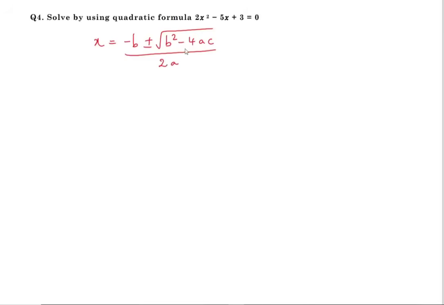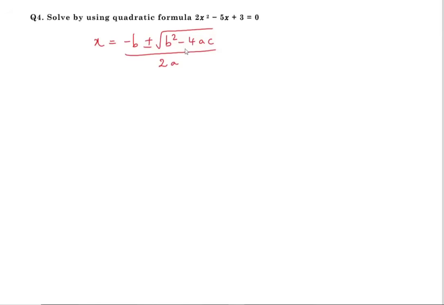Practice this quadratic formula. Definitely a 2-mark question will be asked based on this formula.